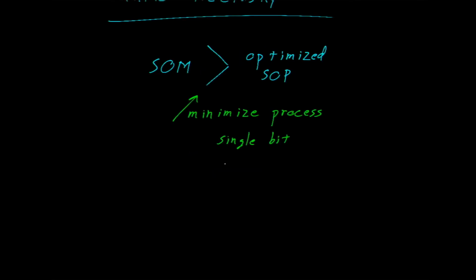For example, what is the difference between 1 and 3? In 4 bits, 1 would be described as D naught, C naught, B naught, A, and 3 would be described as D naught, C naught, B, A. The difference is the B term.